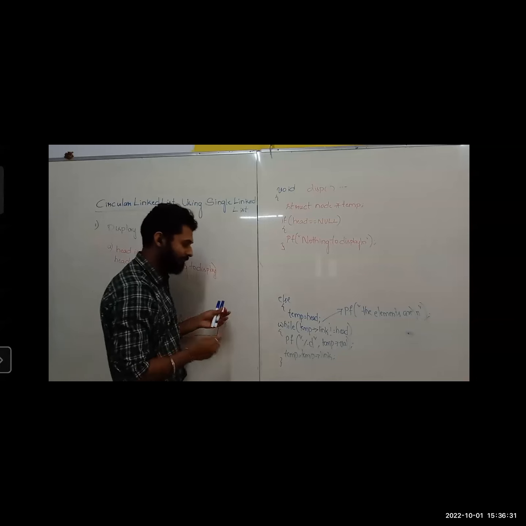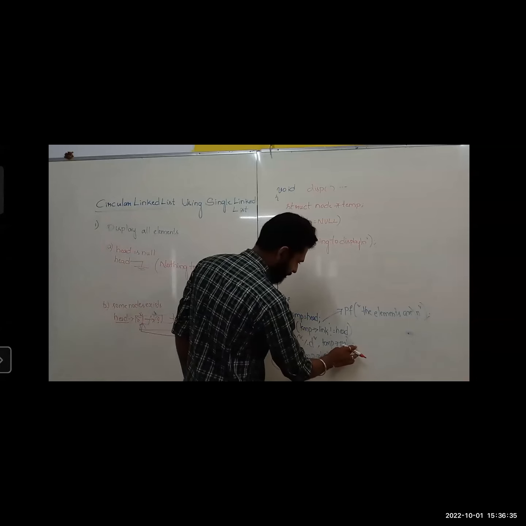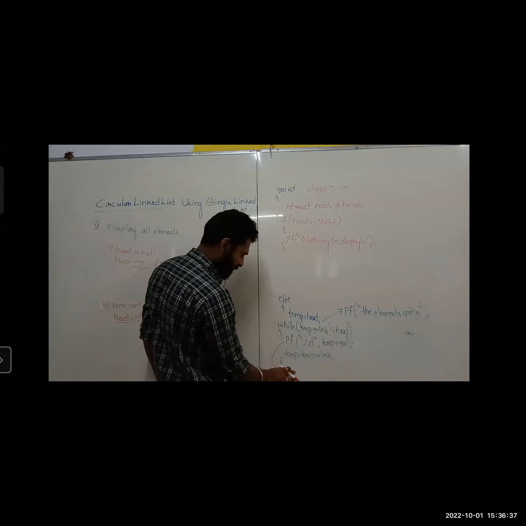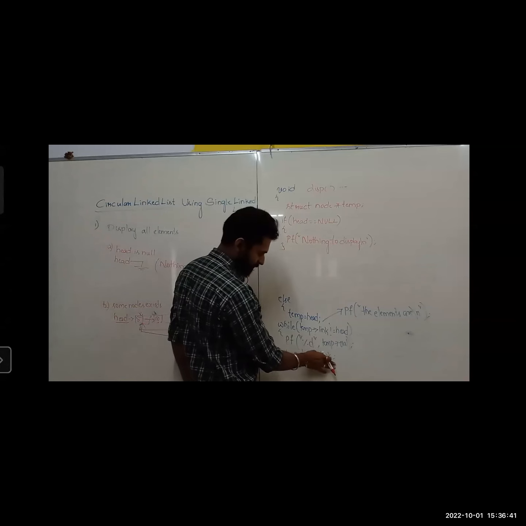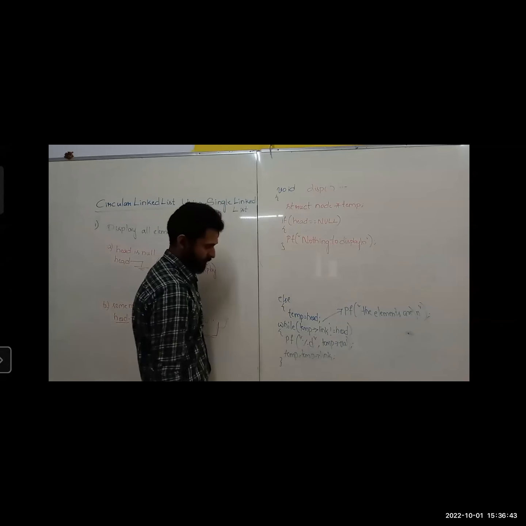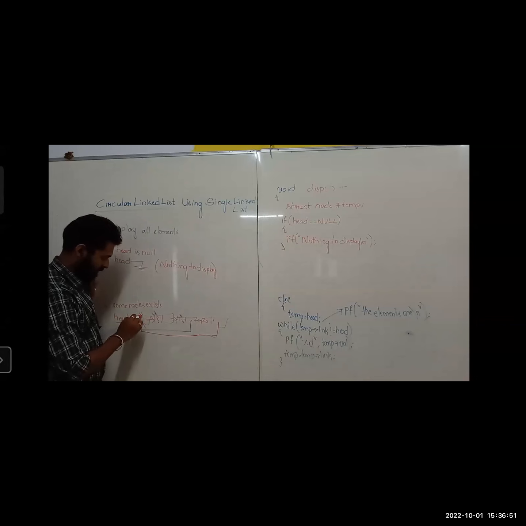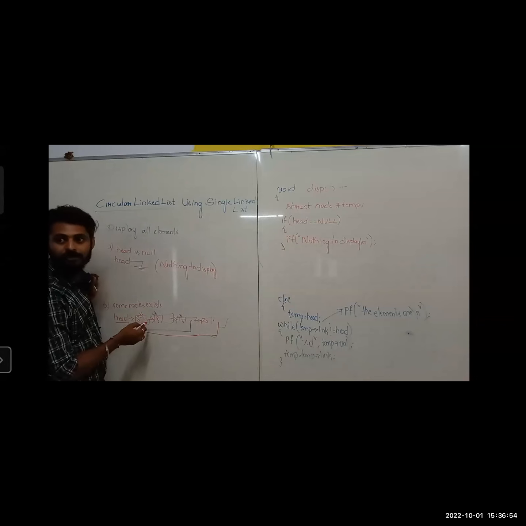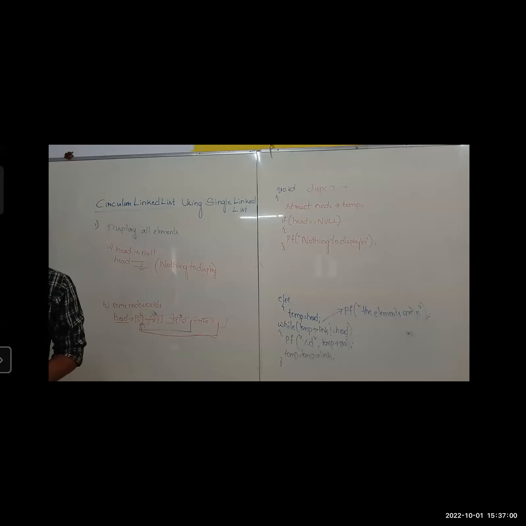So what I will do? These two statements, it does not make sense coming from here. Temp not equal to head, if I say, here only it will become false, right? What he's saying is just the way I have told in the previous example. In the previous example, what we used to write?